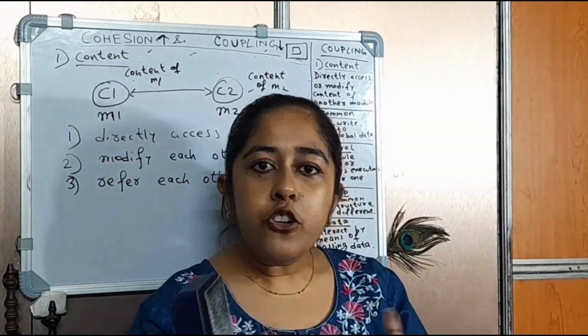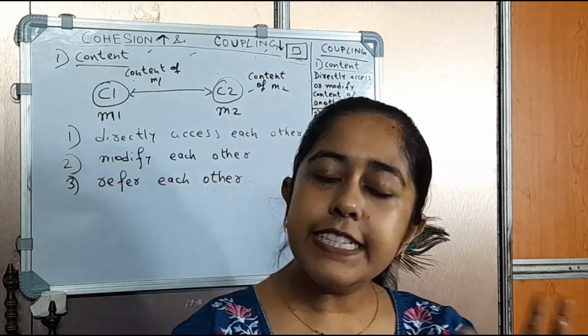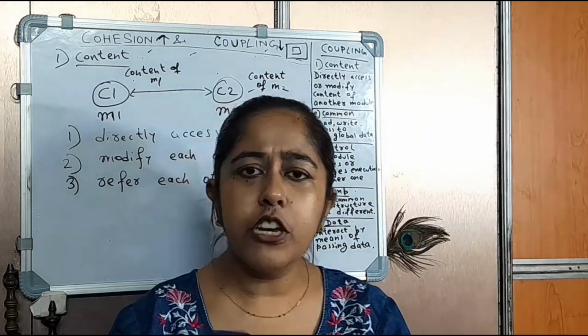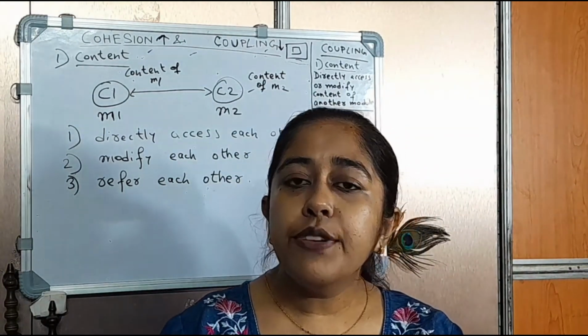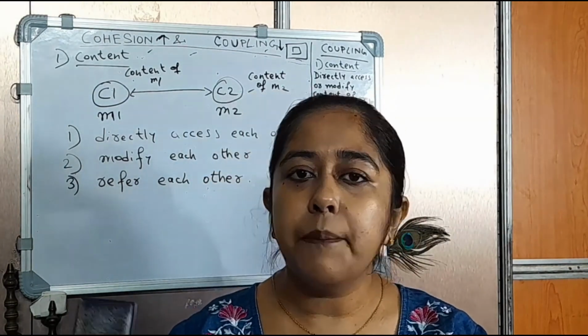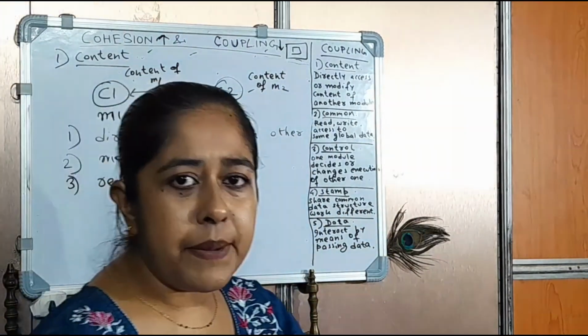So when we are talking about the content of M1 and M2, and the modification, reference or access of these contents, this kind of coupling or interdependability is known as content coupling. This is the first kind of coupling of our coupling types.